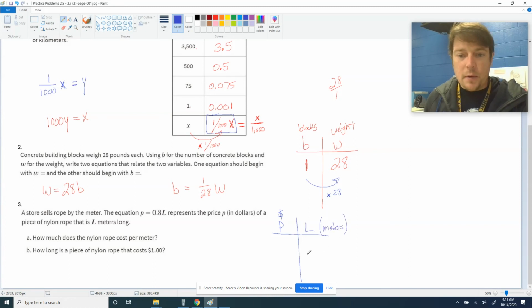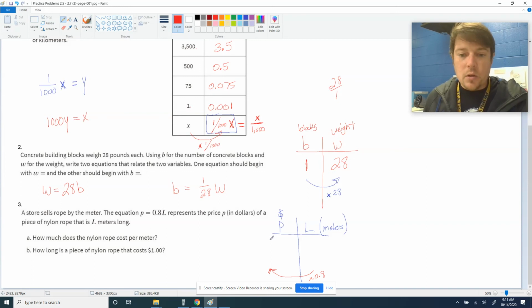Okay? And they're telling you that you can take 0.8 and multiply by L and get P. So I could draw this arrow. I can multiply L's times 0.8, and it will tell me what P is equal to.